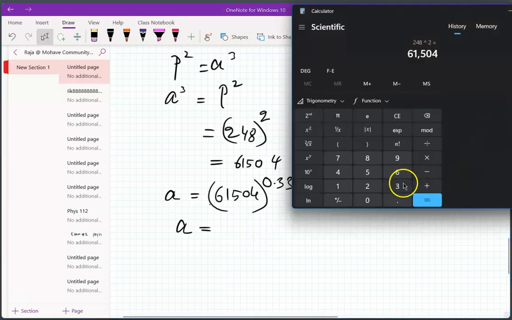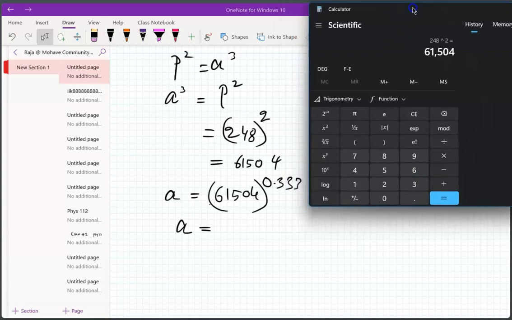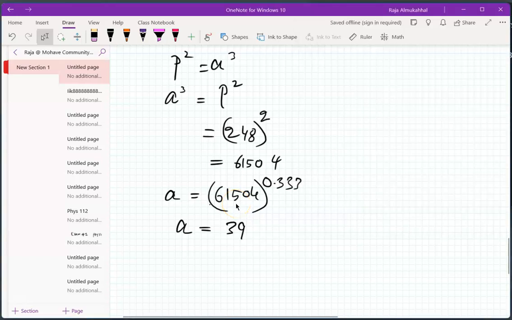So in this case, I think I got this number, so I can just go to the power of 0.333, and the answer would be 39 more or less, or 39.3. So it will be something like, let's say, 39 AU.